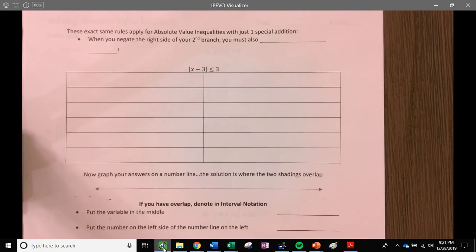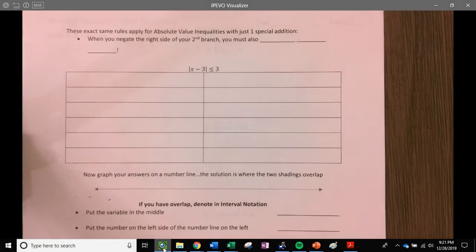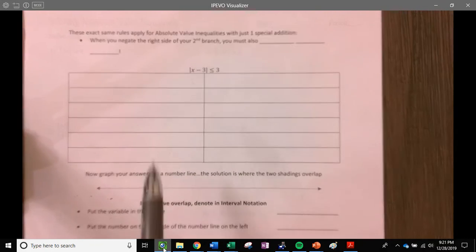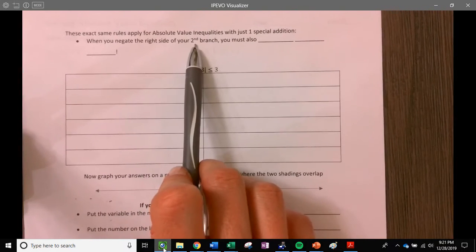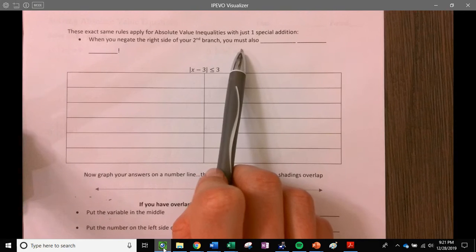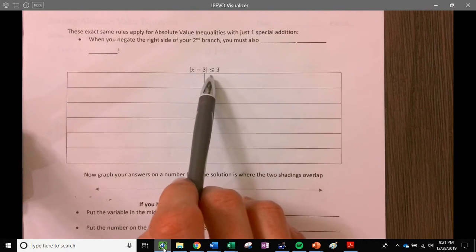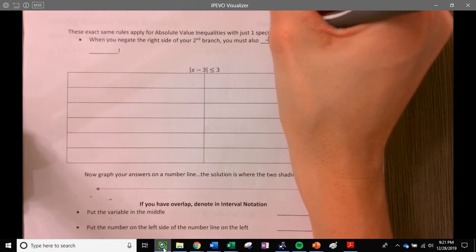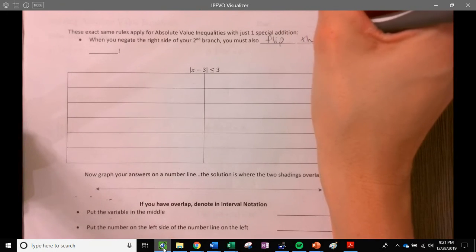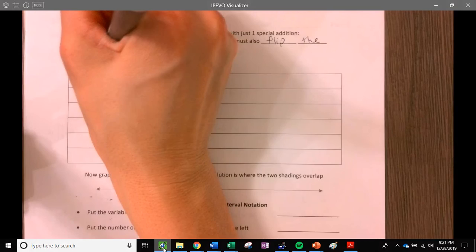So the same rules that we followed for absolute value equations also apply for inequalities. There is one critical addition. When you negate the right-hand side of your second branch, we're dealing with inequalities here, you must also flip the sign.